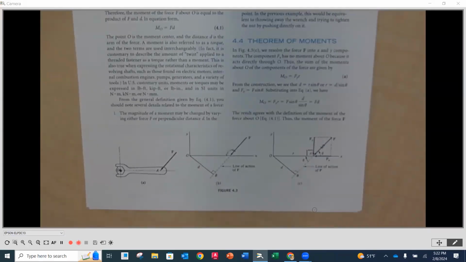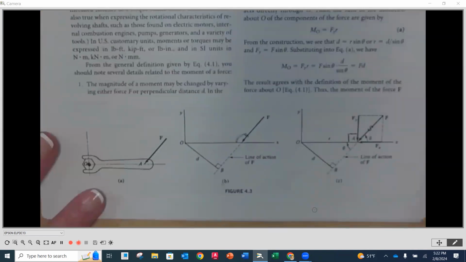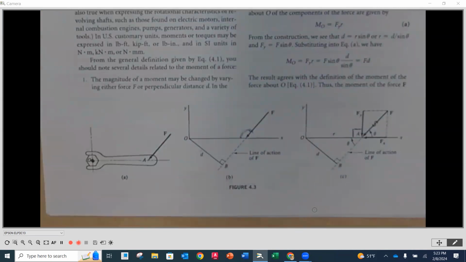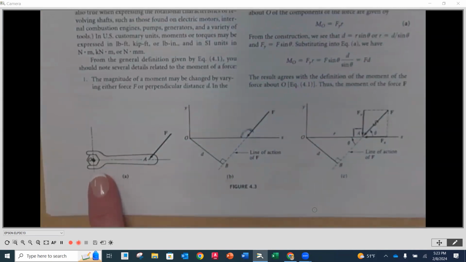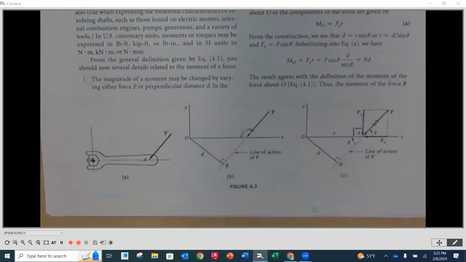So a very classic example is a wrench, okay? A wrench is intentionally going to rotate about the center of the bolt head here, right? We put the wrench on there, and then we push with a force along that handle to tighten it or loosen it up, right?